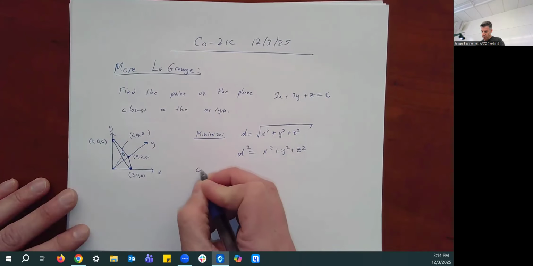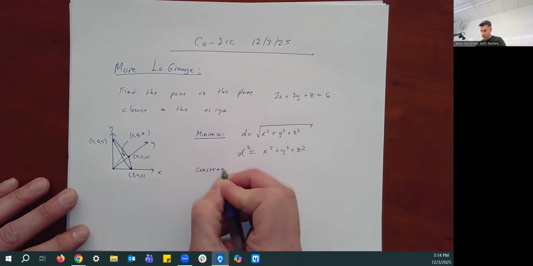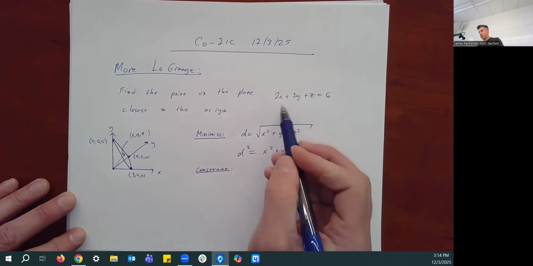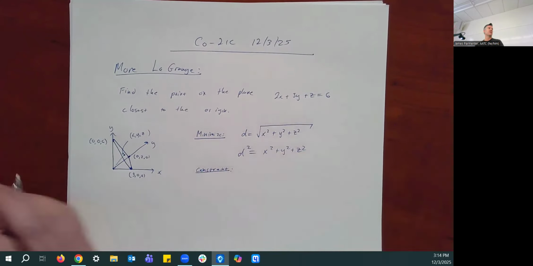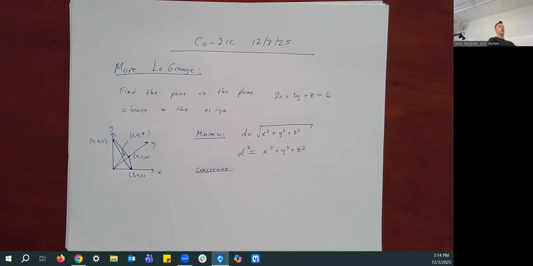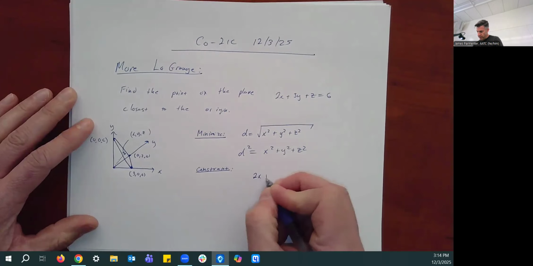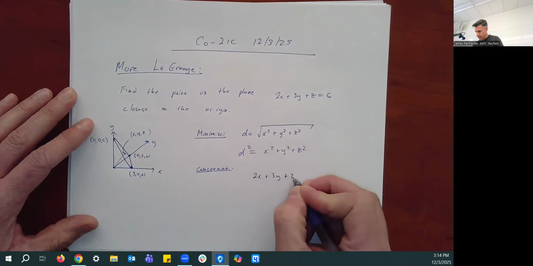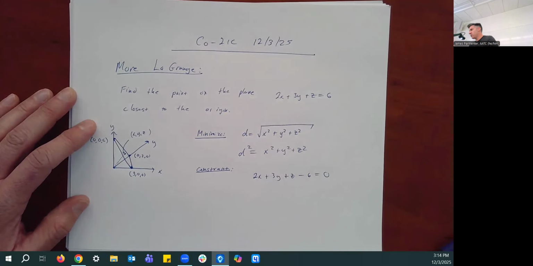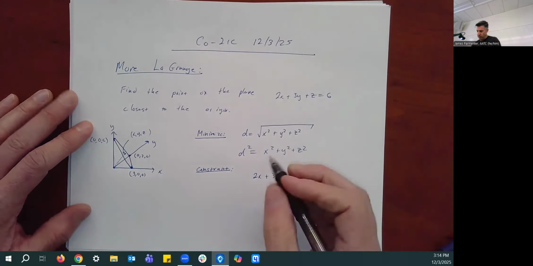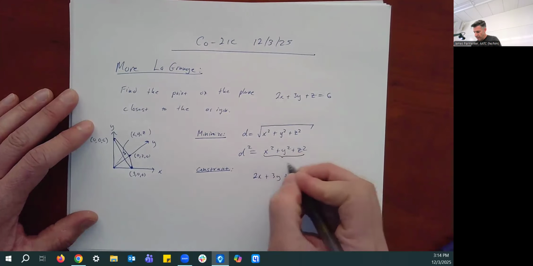And our constraint, you could leave it as is, because as long as it's everything equal to a constant, that's totally fine. But personally, I think it's always safer to be systematic about it and always say it's equal to 0. So I'm going to write it as 2x plus 3y plus z minus 6 equal to 0. The thing we're trying to minimize, we typically call f.